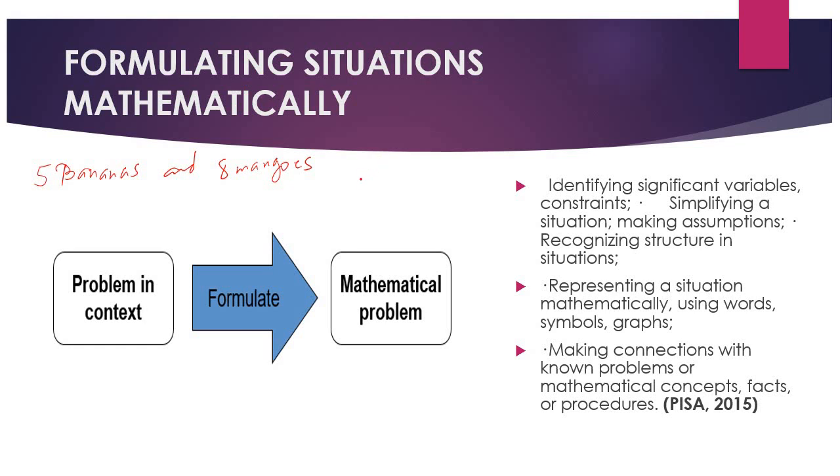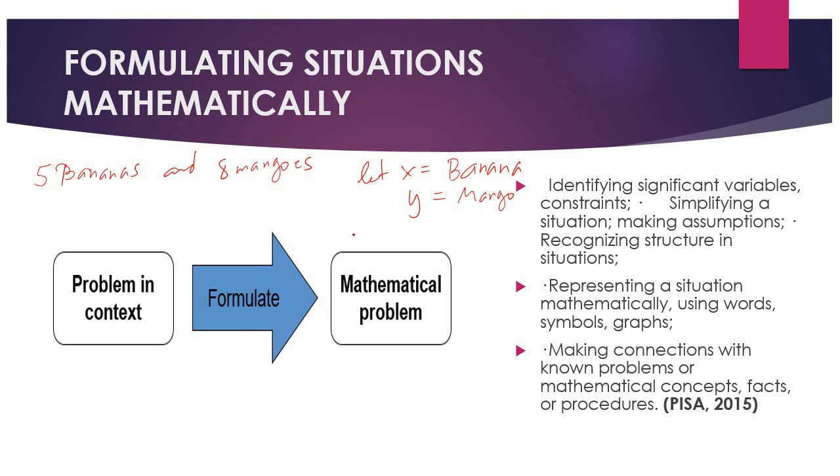You say, let x be the bananas. Banana. Okay. Si banana yan si x. Then you have y is for your mangoes. Mango na lang. Ayan. Now, 'di ba yung problem natin is the total or the sum of 5 bananas at saka si 8 mangoes. So, paano siya in a mathematical problem?